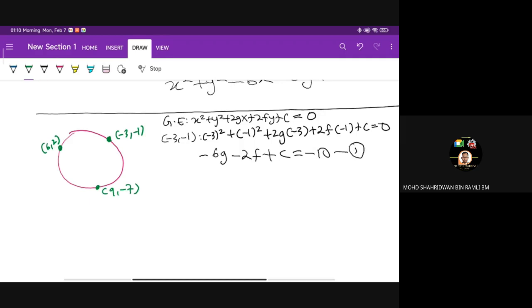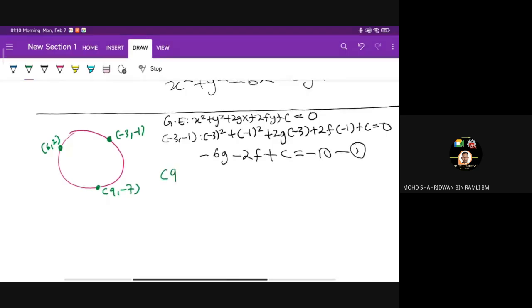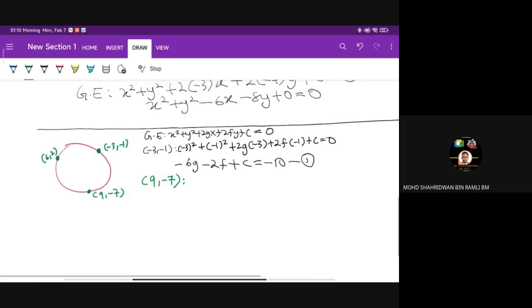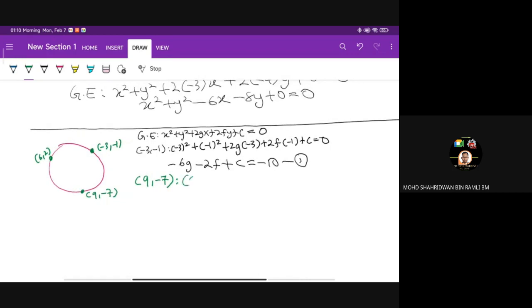Okay, next. Our second point is (9, -7). Substitute here. You need to show your solution. So it will be (9) squared plus (-7) squared plus 2g(9) plus 2f(-7) plus c equals 0. And then we simplify, we will have 18g minus 14f plus c equals 130.